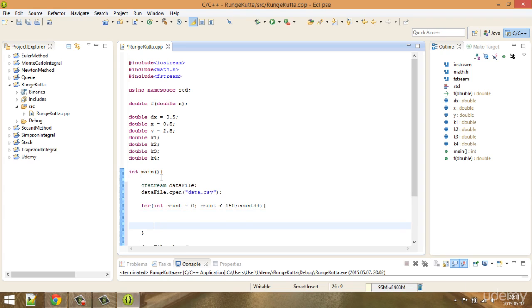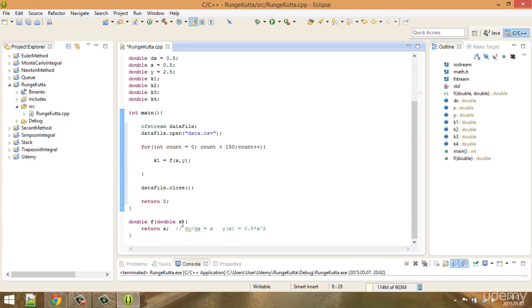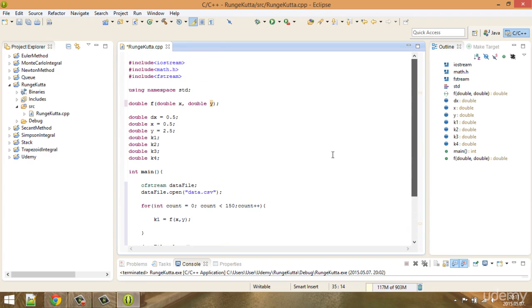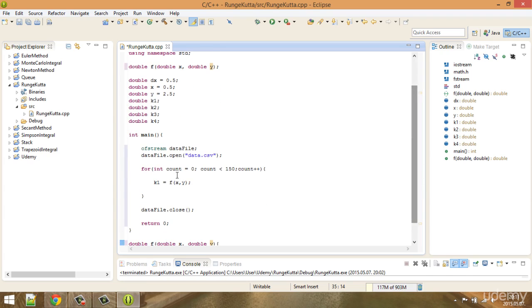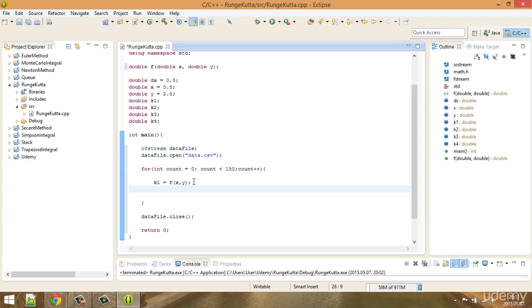And we just have to calculate these K parameters. K1 is equal to the f function. Oh, of course, sorry, I definitely need the double y, although it's going to be independent from y, but just to be explicit, we have to define it.